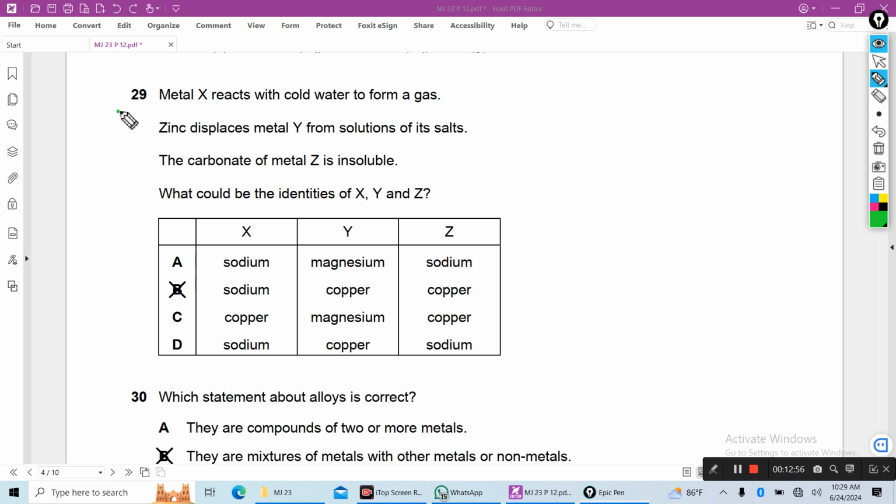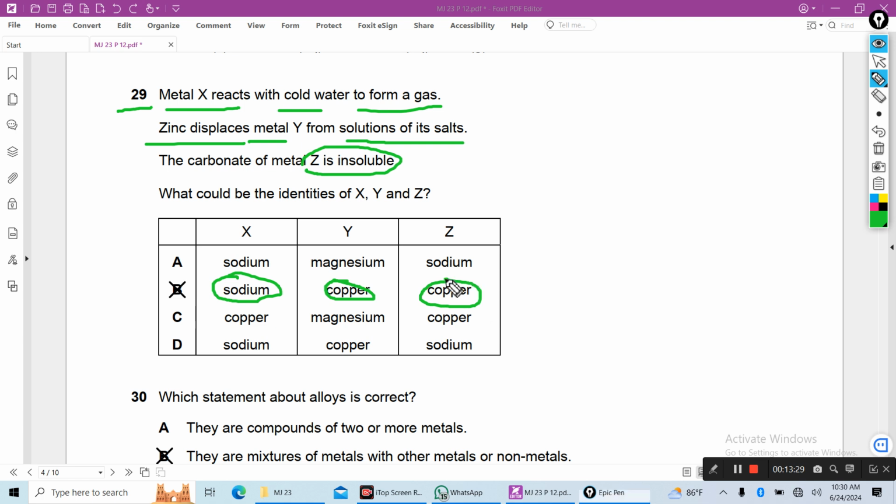Now 29, metal X reacts with cold water to form a gas. Zinc displaces metal Y from a solution of its salts, which means Z is more reactive than Y. Sodium is more reactive than copper, this is true, and the carbonate of Z is insoluble, so copper carbonate is insoluble, but sodium carbonate is soluble.